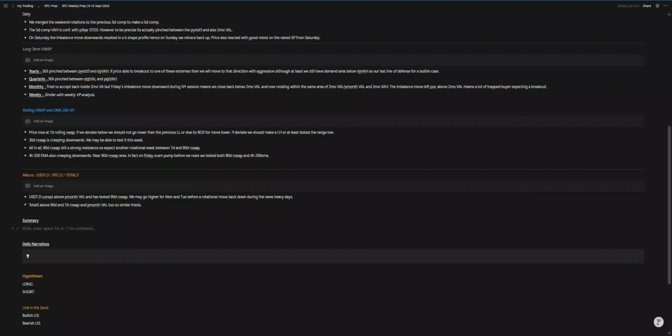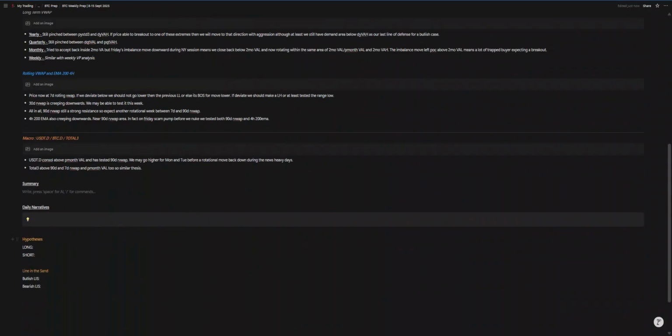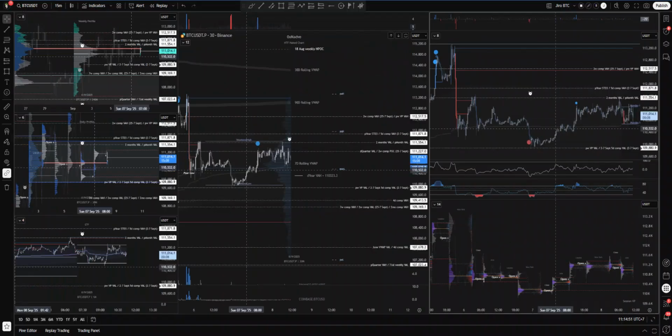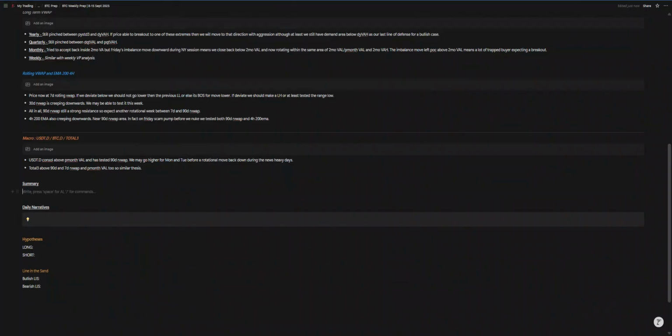Okay, so in summary, a 2-week composite value area, and inside it is a 5-day composite value area.